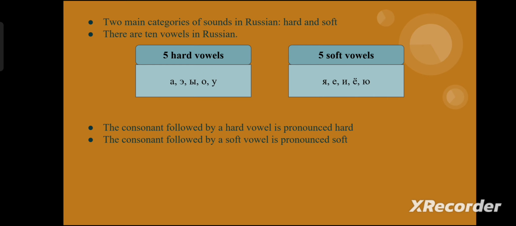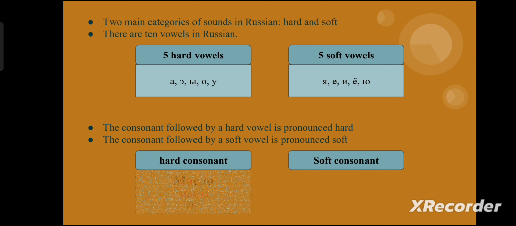The consonant followed by a hard vowel is pronounced hard. The consonant followed by a soft vowel is pronounced soft. I think you understand. If a consonant has a hard vowel after it, the consonant is also pronounced hard. And if the consonant has a soft vowel after it, the consonant is also pronounced soft. Let's check some examples. Hard consonant first. Here we have an example. Masla.